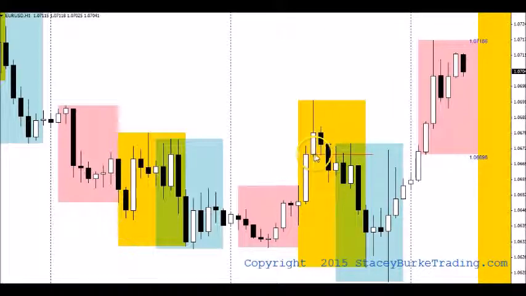Traders that were looking to short this market would have been looking to limit order the 670 level up here, and then look for that to track down to the Asian lows.